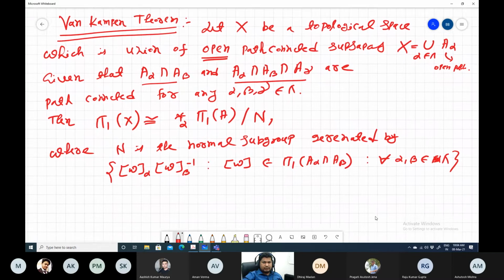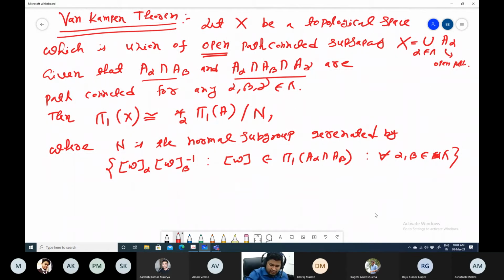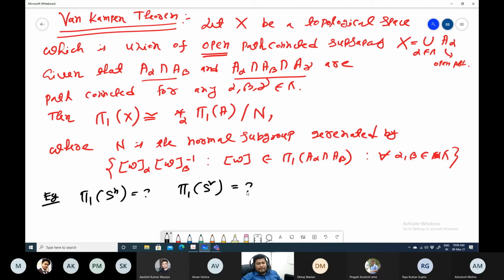Right. Now by using Van Kampen theorem, can you quickly give me the fundamental group of S^n? First of all, the fundamental group of S2. What is the fundamental group of S2? We have proved that it is trivial, right?